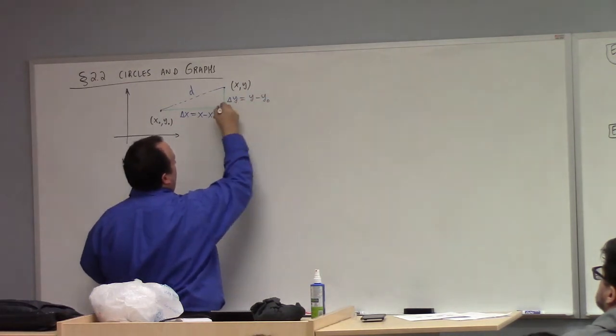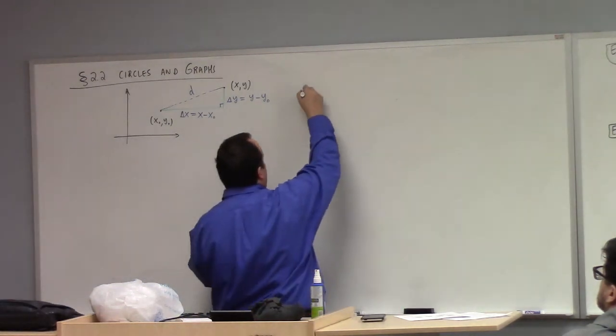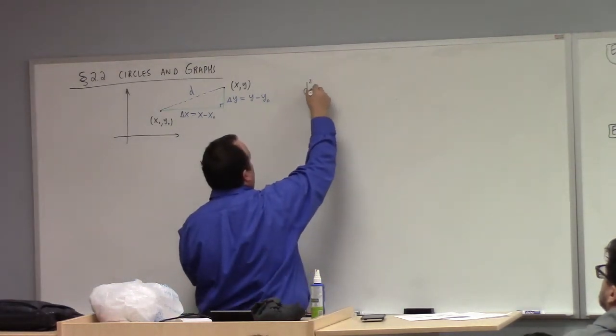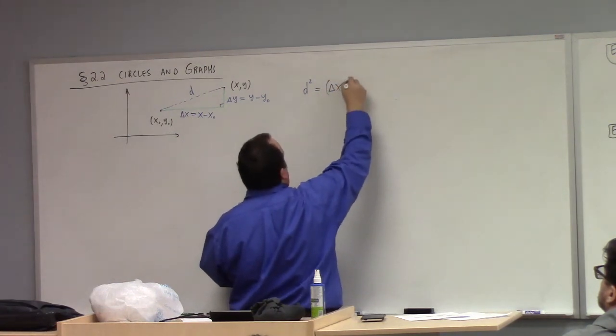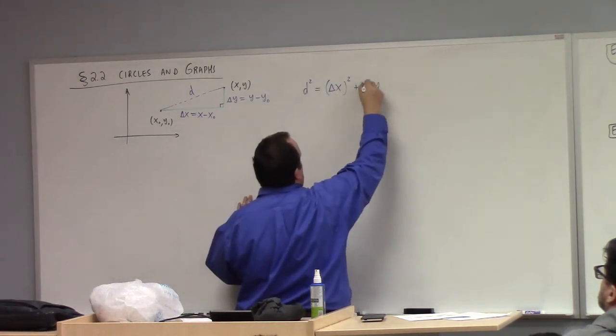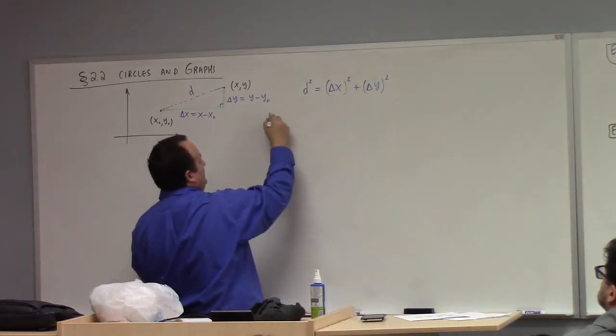This is a right triangle, so the Pythagorean theorem says that the distance squared is equal to delta x squared plus delta y squared, yeah? So in particular, we have the distance formula.